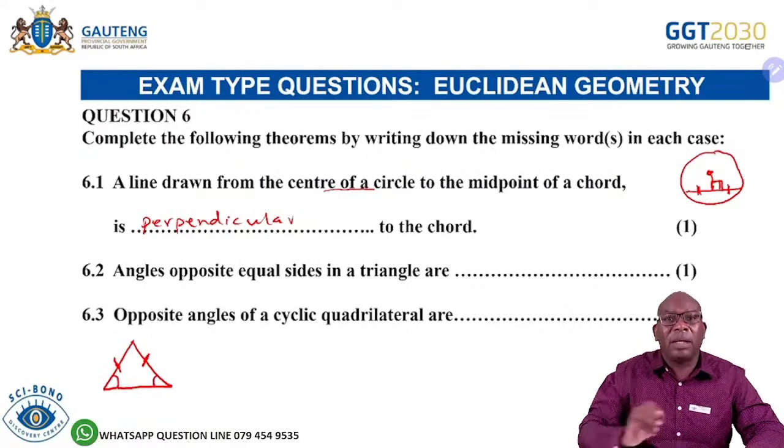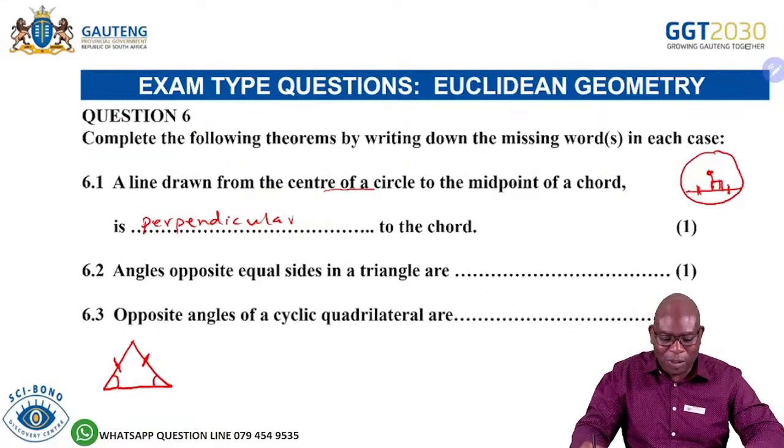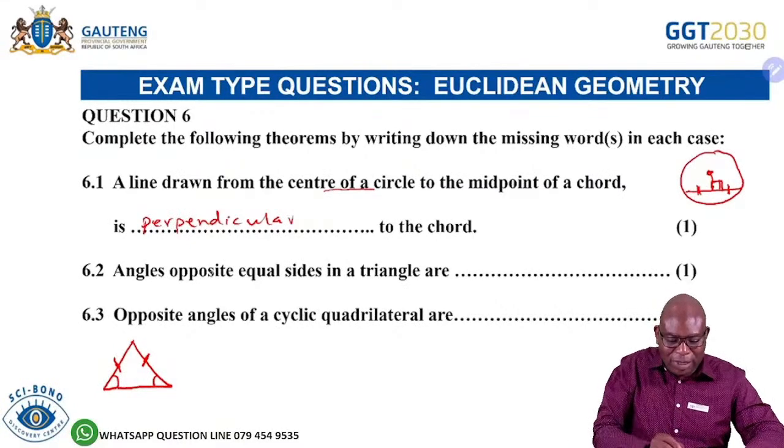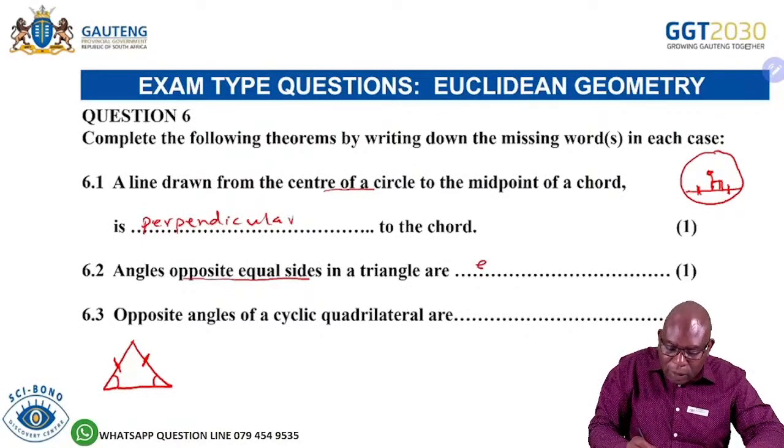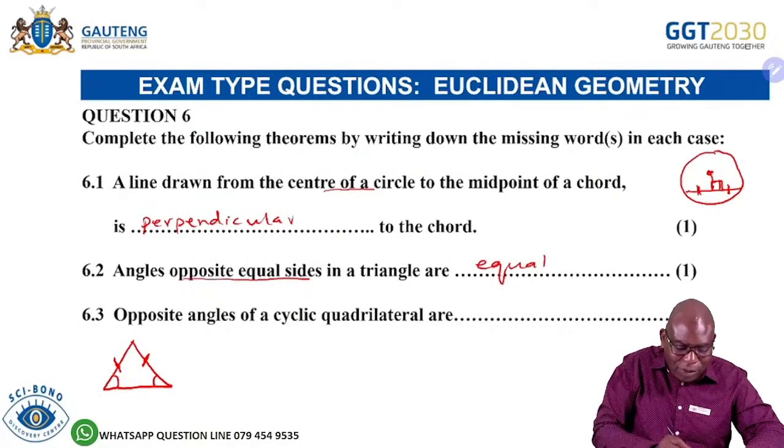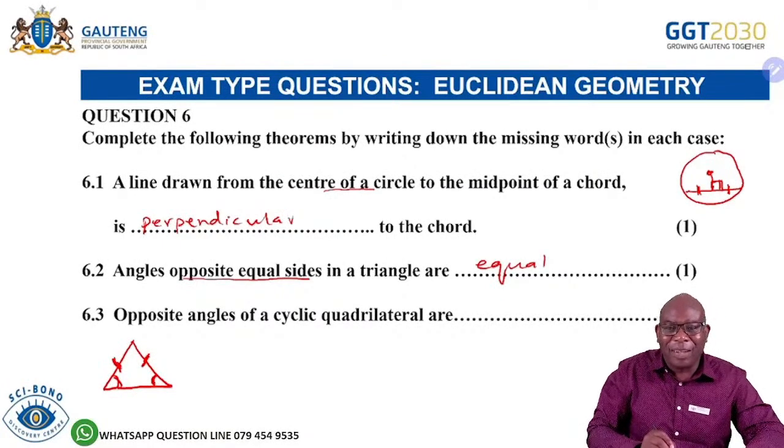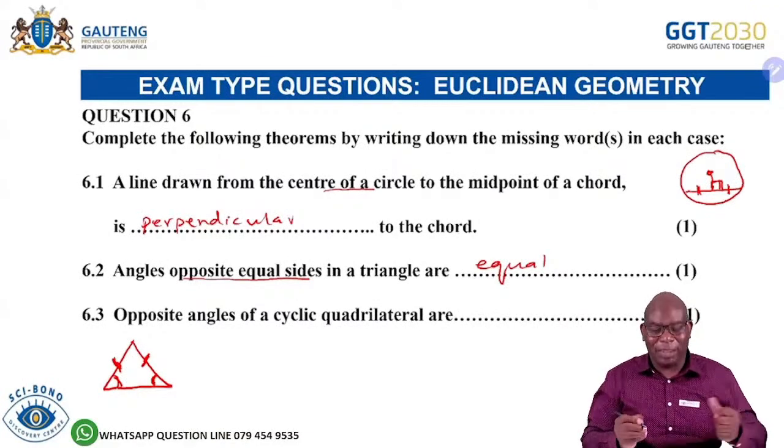The angles here will be equal. Angles opposite equal sides in a triangle are equal, because these sides are opposite and they are equal. Can you see? I draw a picture, try to get it.